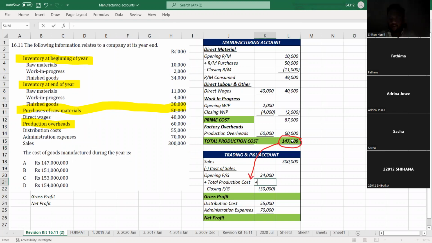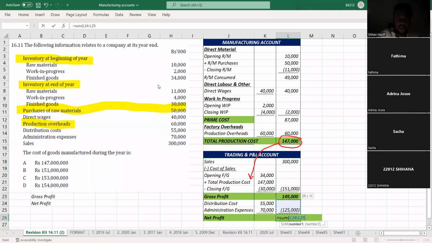So this 147 comes here. Net profit 24,000.